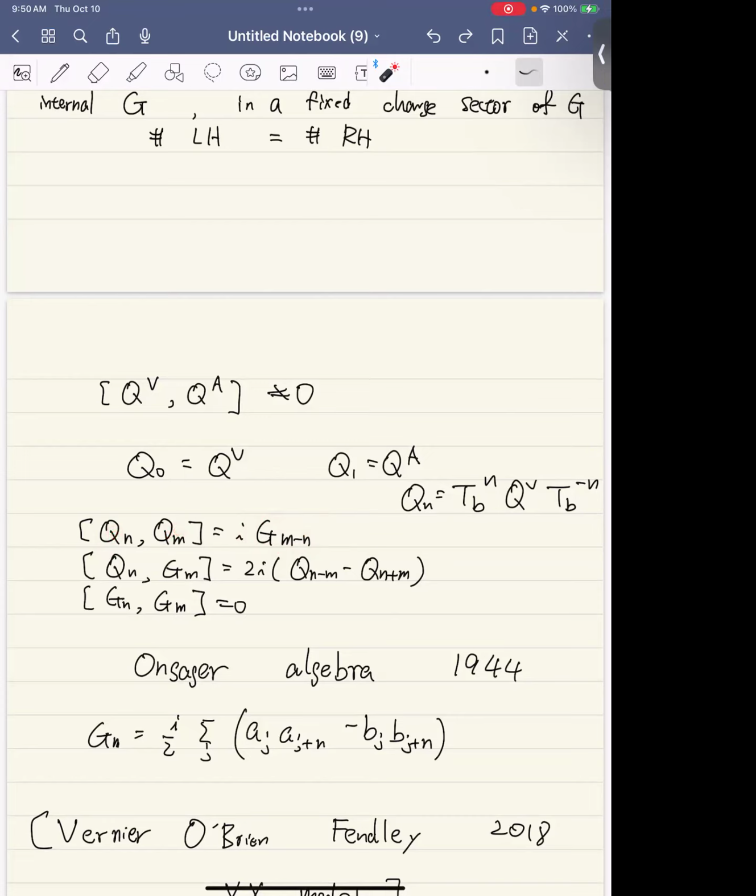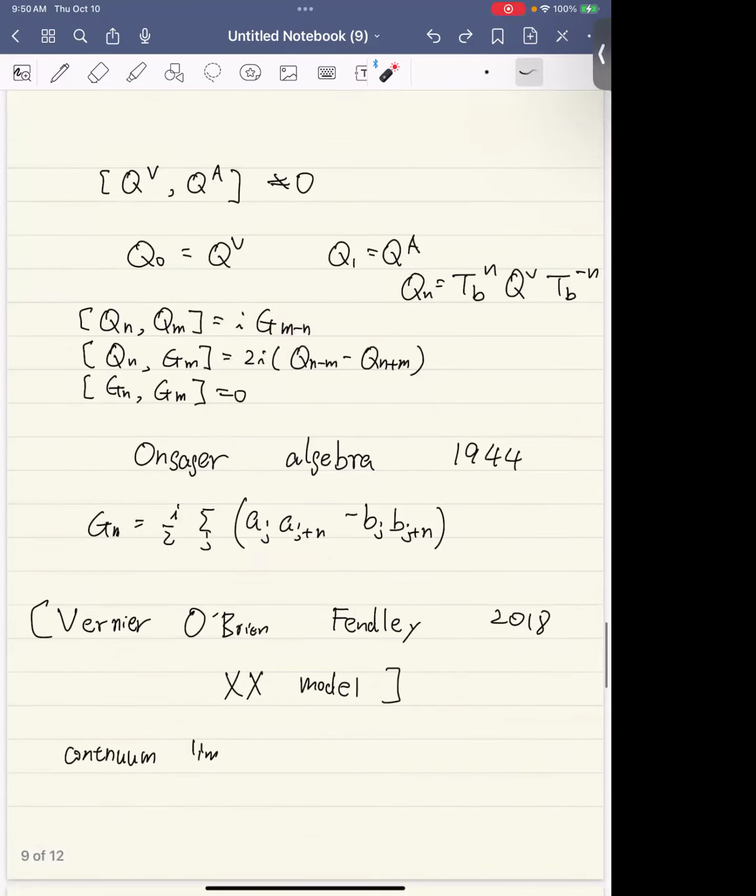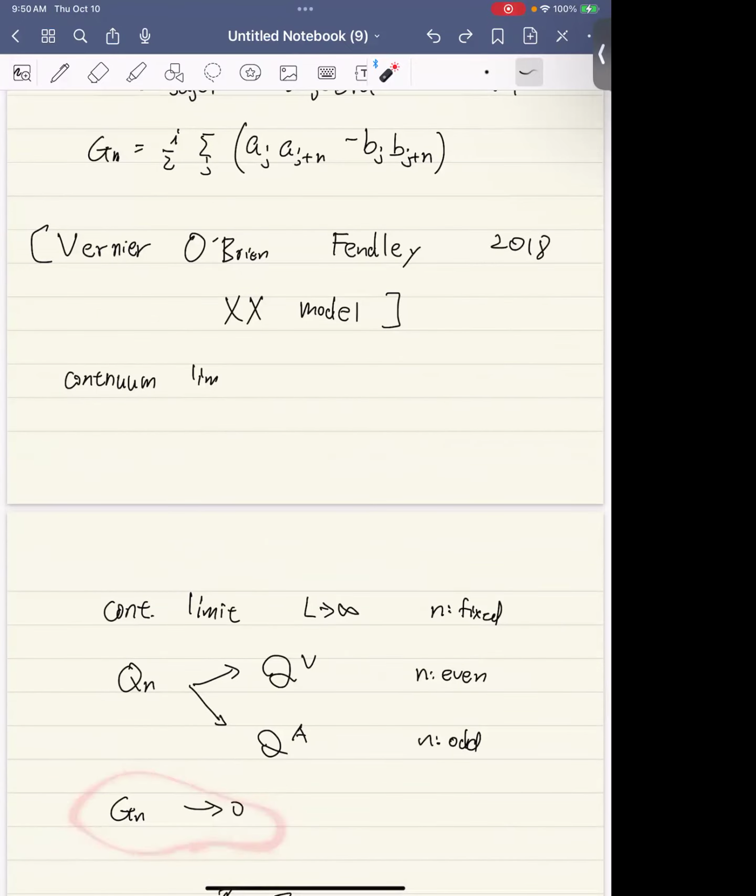So G just captures the non-commutativity between them. And G is something that goes to 0 in the continuum. I think that's the reason why I don't have any intuition for them. Furthermore, they do not have integer eigenvalues. So I don't think they're associated with ordinary group-like symmetries. It's just some conserved algebra operator. I wish I had better answers, but that's my current understanding.